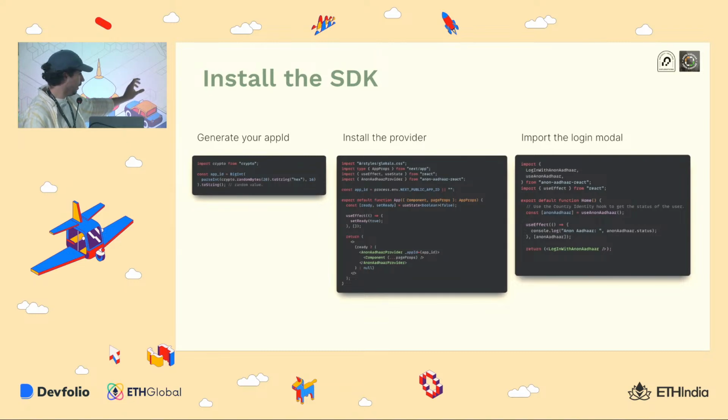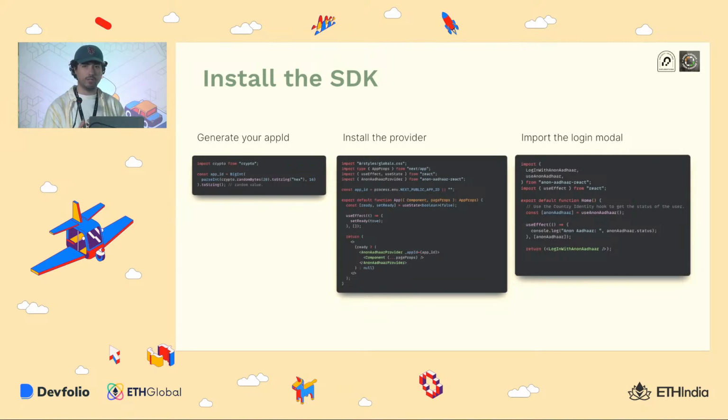You can run this small script and take the output of this script. You just have to add our SDK and our provider alongside your app ID, and then you have a hook and a connect component that you can use in your apps. You can do it in under 5 minutes, and add a privacy layer onto your apps.